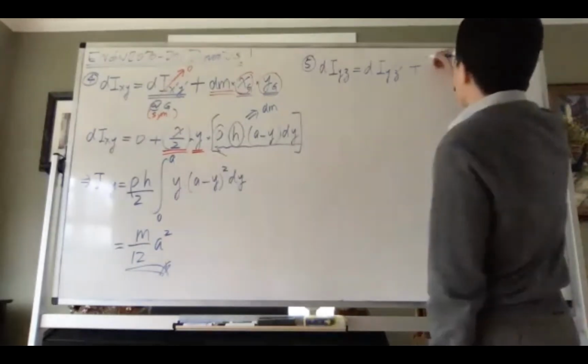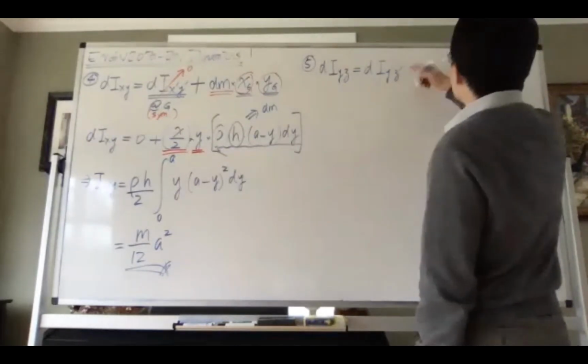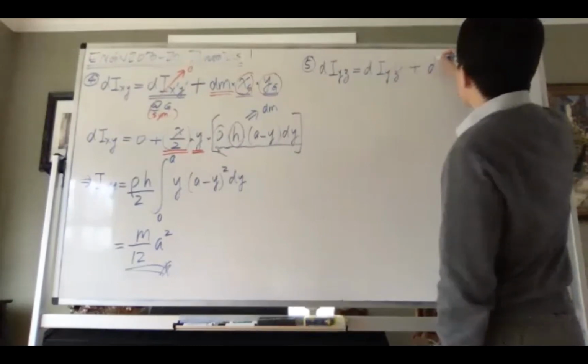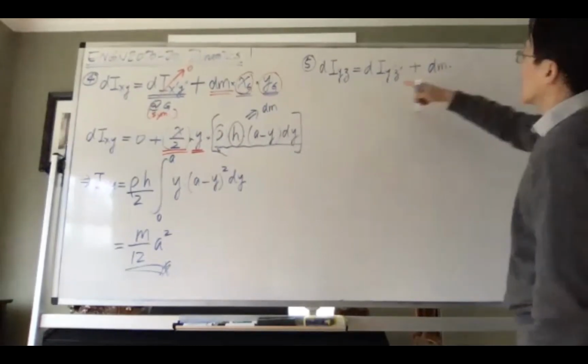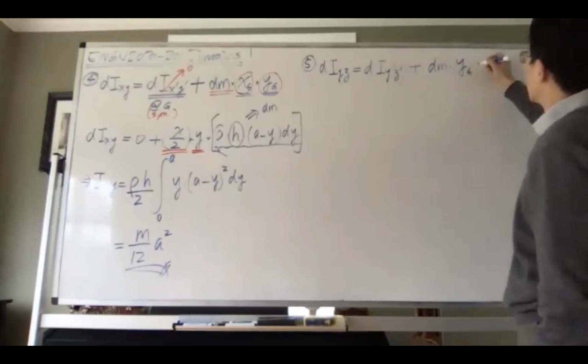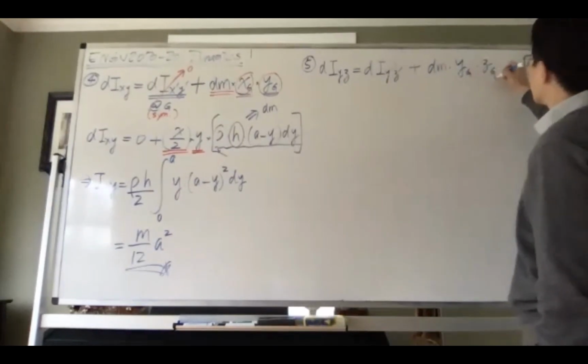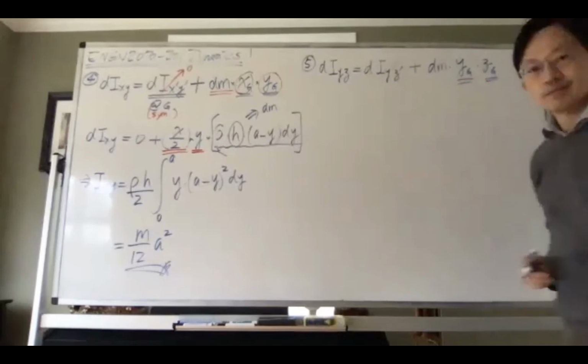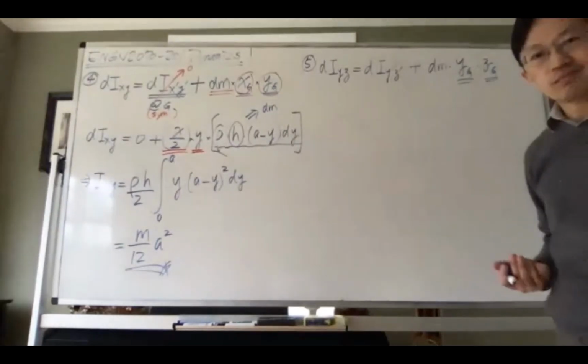So when you do that, this becomes what? This becomes dm times, you have y and you have z, so you're going to put yg here and zg here. That's pretty systematic, right?